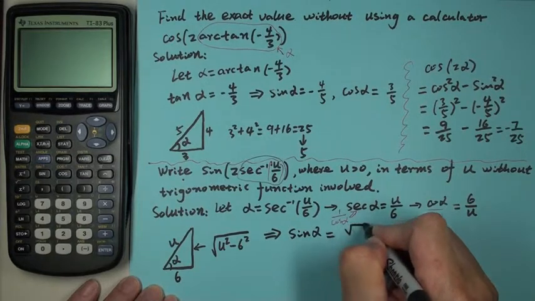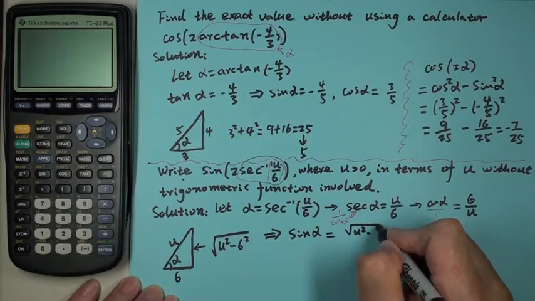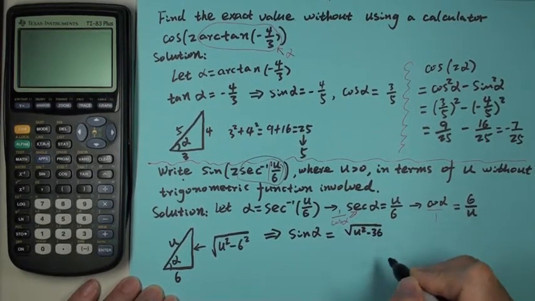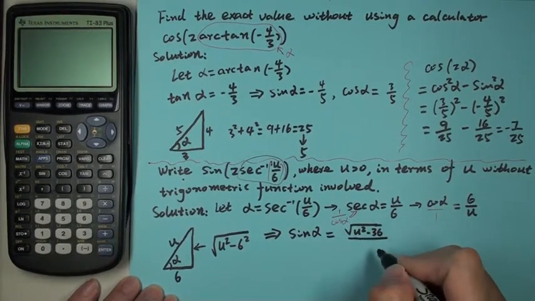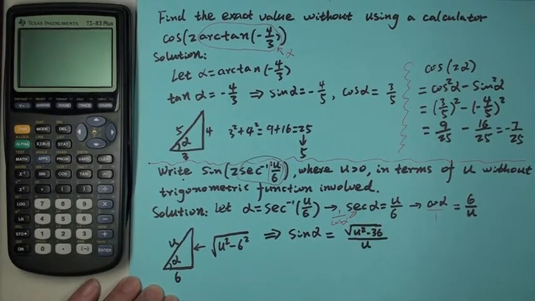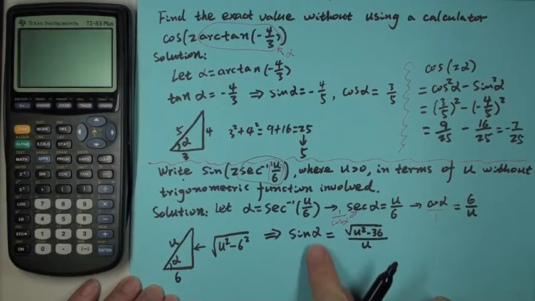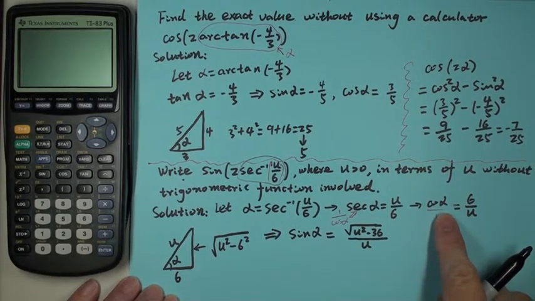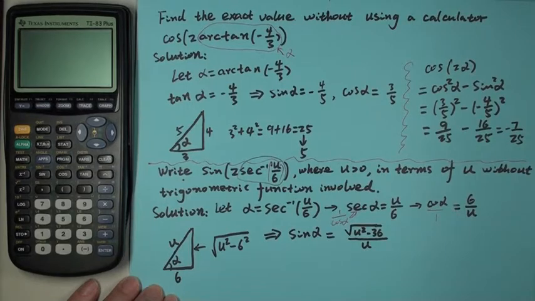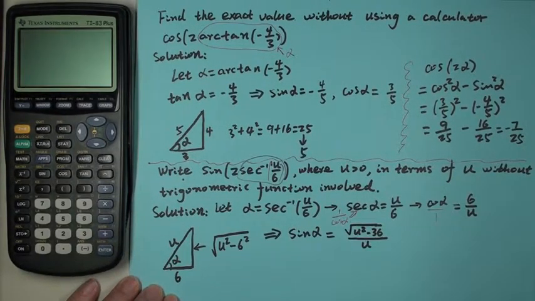So then you have the square root of u squared minus 36, over u. Alright, so opposite side over hypotenuse. So we have a sine alpha, we have a cosine alpha. We may write tangent alpha, cotangent, secant alpha, cosecant alpha, but here we may not really need it.